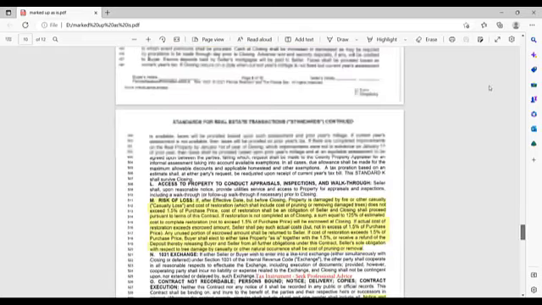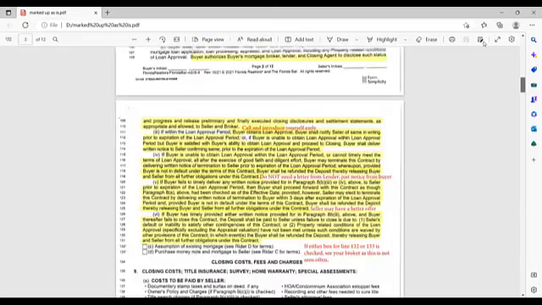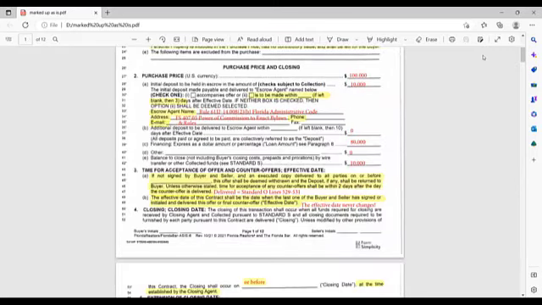That means when the contract hits your email inbox, it is considered delivered to your customer. So when we're talking about the delivered date or an effective date, it is the last date that somebody has signed, initialed, and delivered back to the agent.